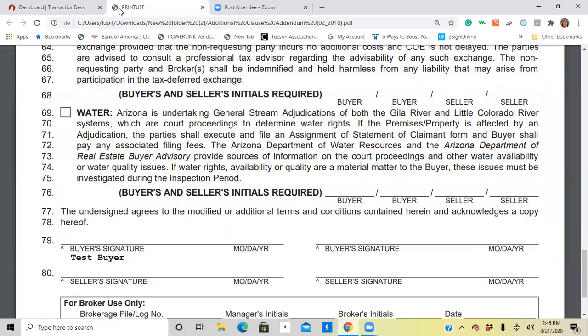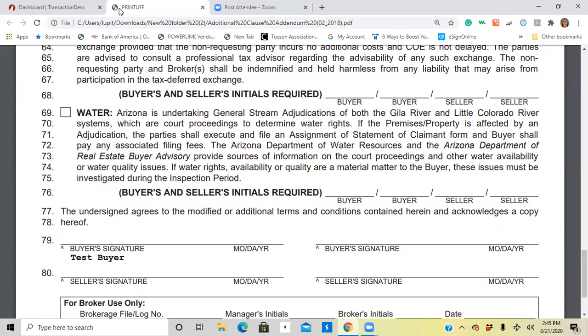The Arizona Department of Water Resources and the Arizona Department of Real Estate Buyer Advisory provide sources of information on the court proceedings and other water availability and water quality issues.